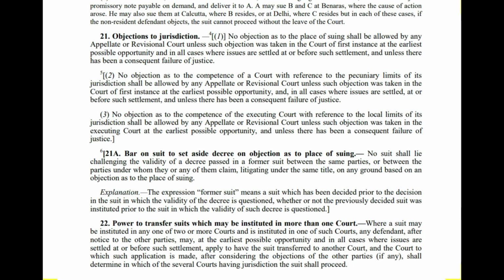The one which is decided first is called the former suit. It is immaterial as to when the subsequent suit is filed. Simple aspect is, when the suit was decided is the deciding criterion. That should be taken into consideration as the point which is stated in the section 21A explanation.